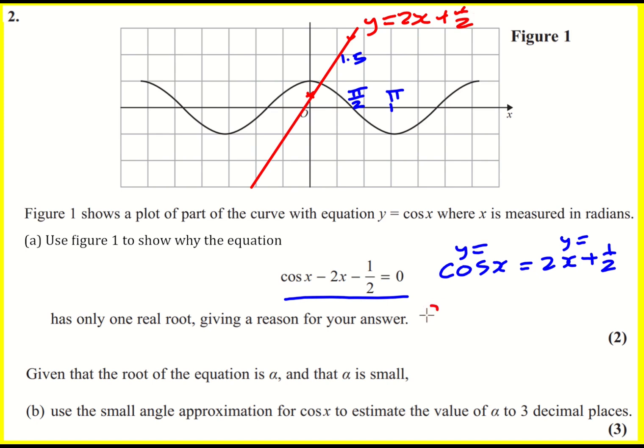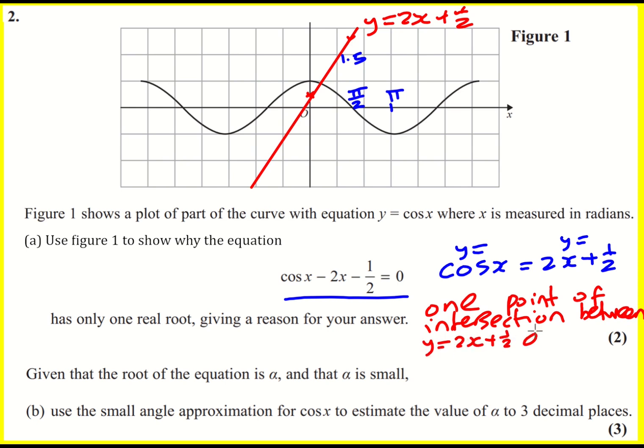So there's one point of intersection between y equals 2x plus a half and y equals cos x.